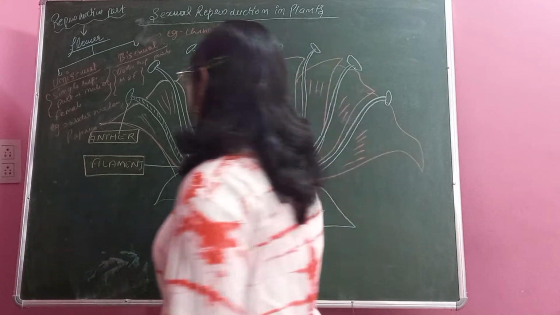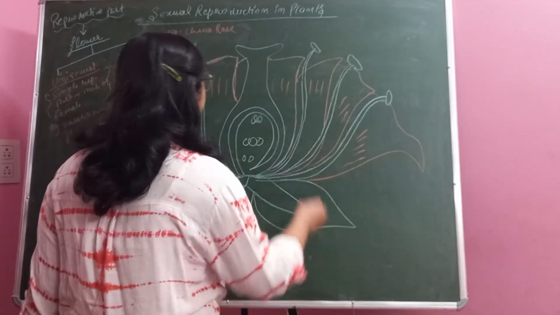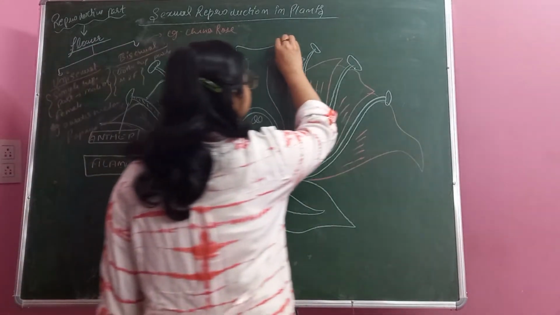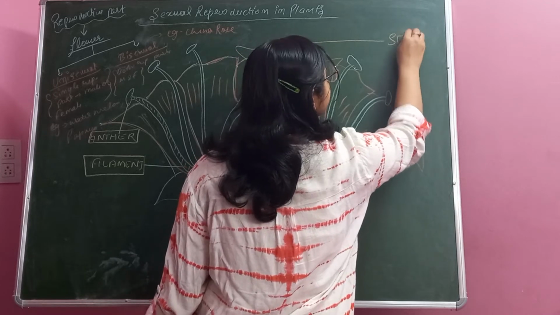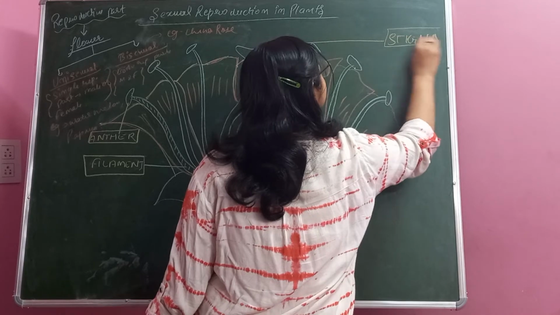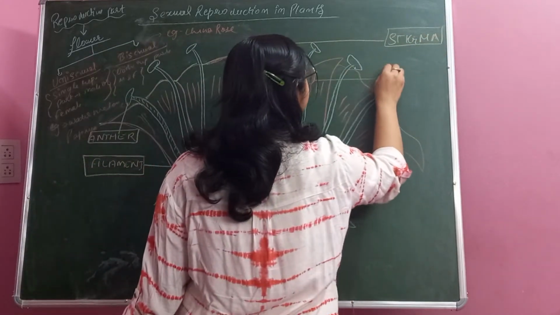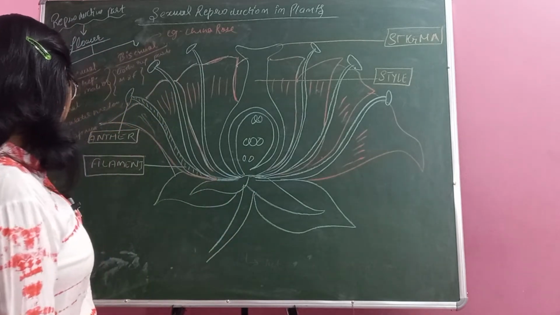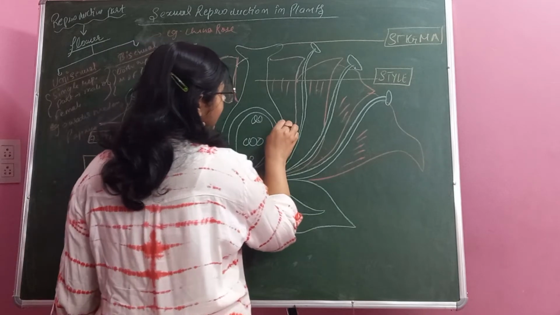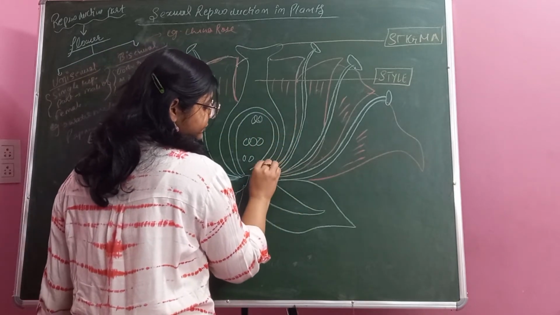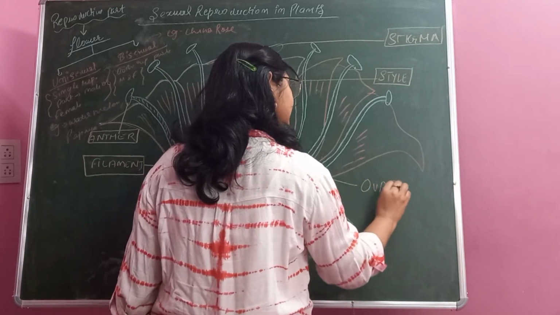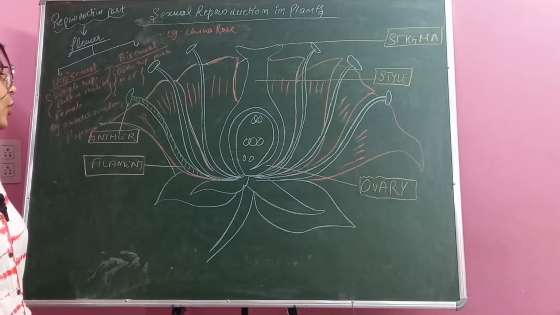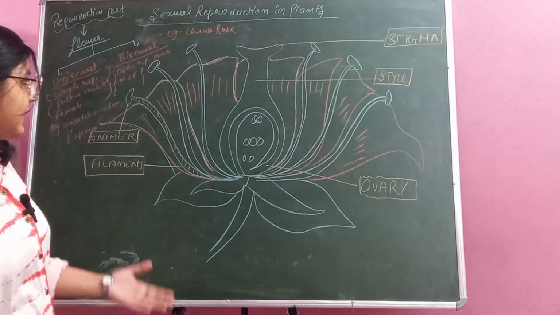Next, female reproductive system. So the female reproductive system is this central one. What you see here, like a pot, this is the female reproductive system. So this is stigma. This neck portion is style. And this swollen part is called ovary. So the female reproductive system is divided into three parts.